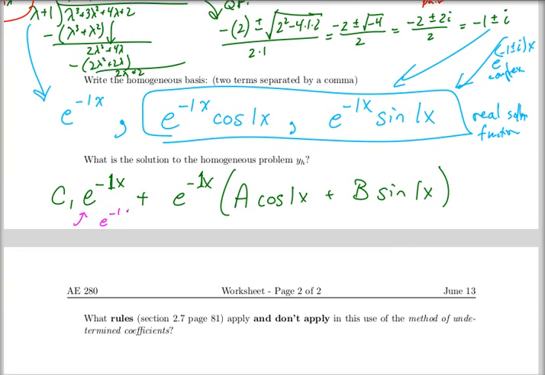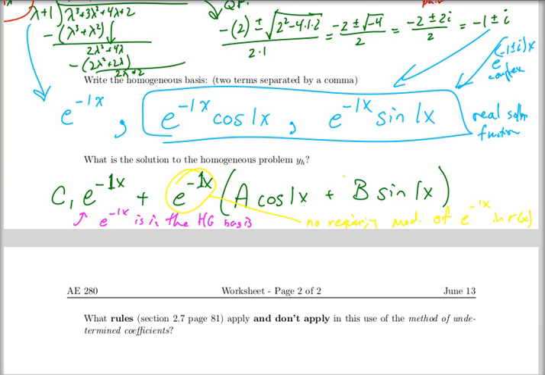E to the minus 1x is in the homogeneous basis. Now there is this other factor, e to the minus 1x, but this is not requiring modification of the e to the minus 1x in R of x.